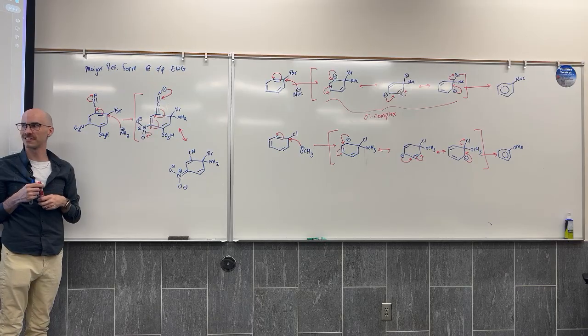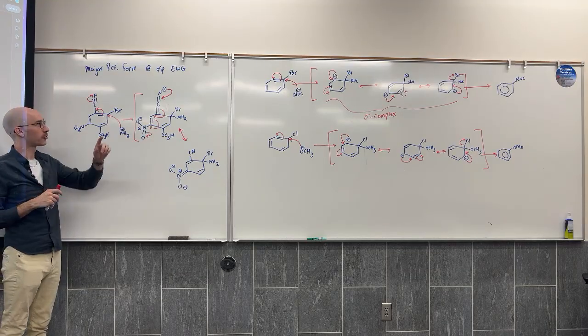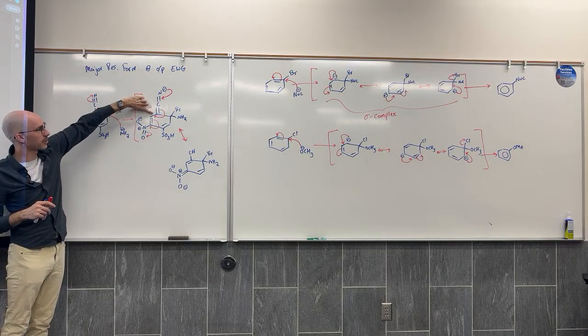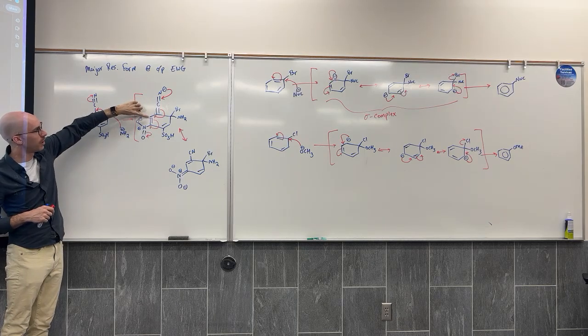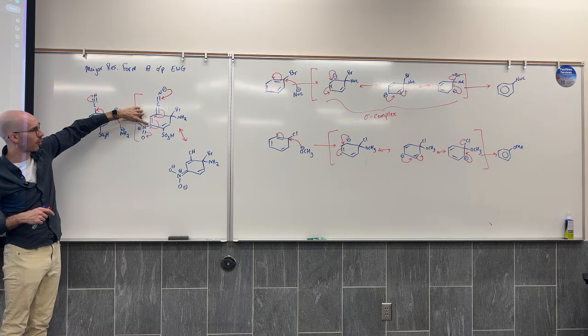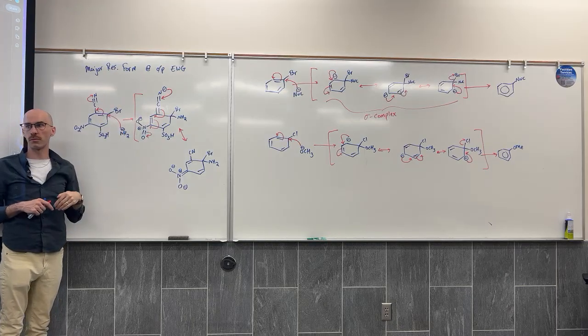See all those arrows? That's a lot of arrows. There are so many resonance forms in between. There's a resonance form where this carbon in the ring holds the negative charge. There's a resonance form where this carbon in the ring holds the negative charge. And I'm just skipping over them. Why?